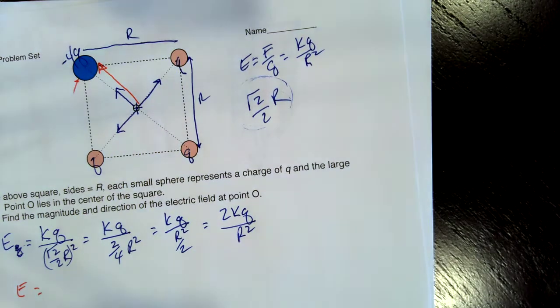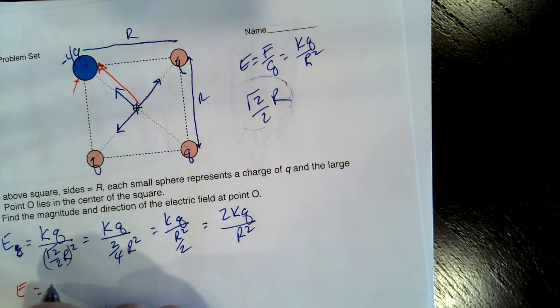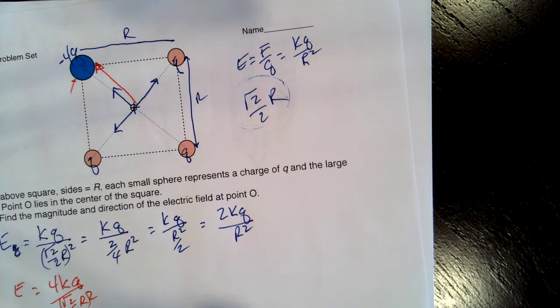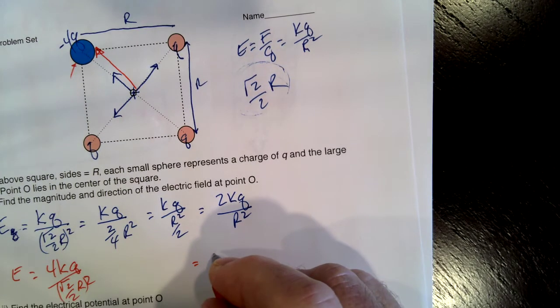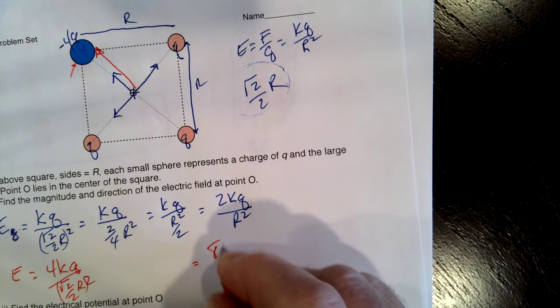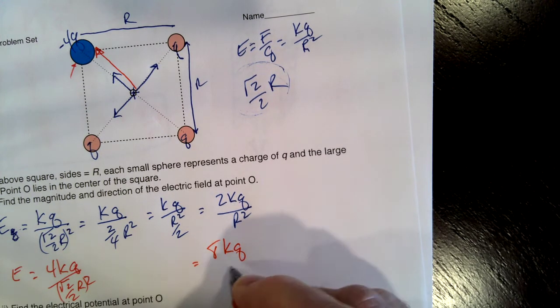They actually work together and add up. So that would be 4kq over square root of 2 over 2 r squared. Going to go through all this math, and you'll end up with 8kq over r squared.